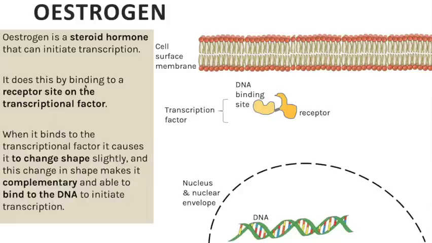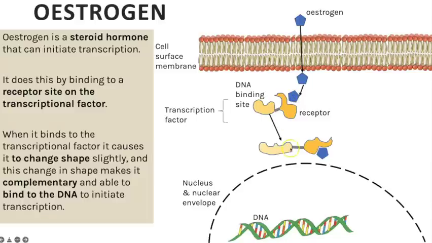The way it does this is, first of all, because it's steroid based, which is a lipid, it can diffuse through the cell surface membrane into a cell. It will then bind to the receptor. So estrogen is complementary in shape to the binding site of the receptor on the transcription factor.